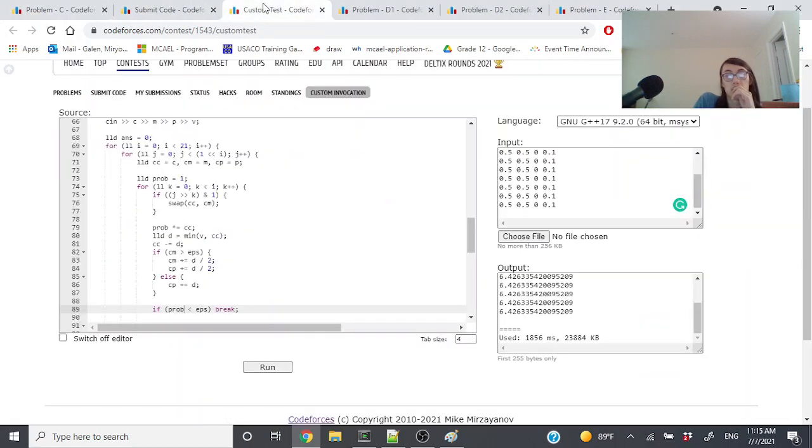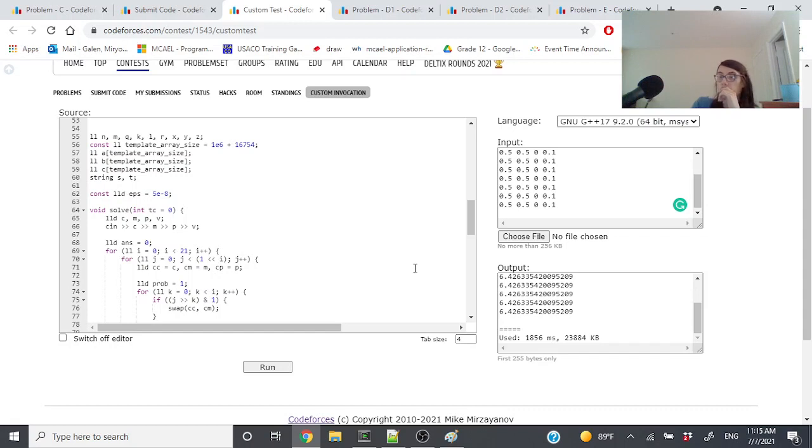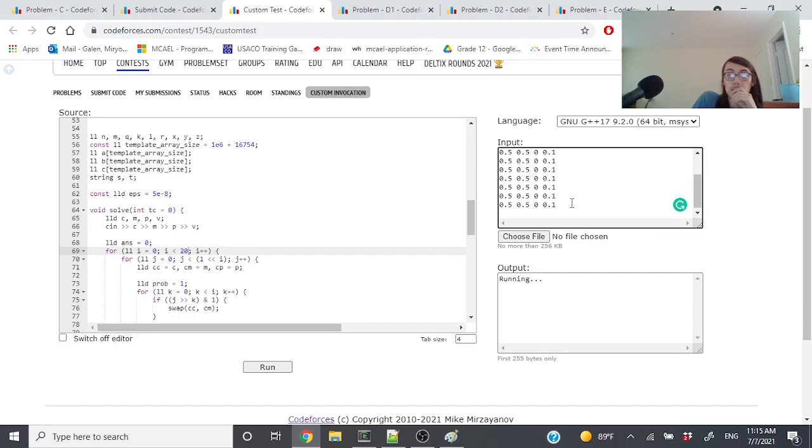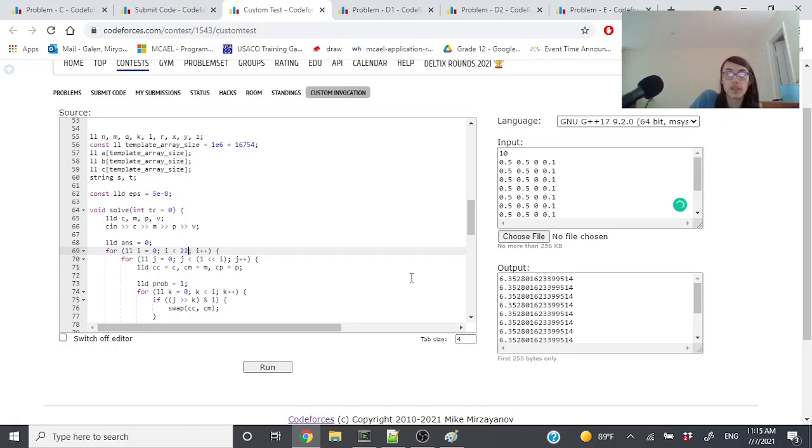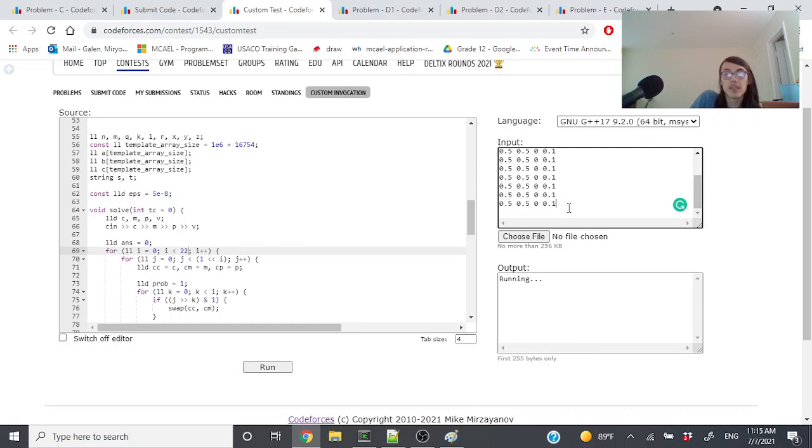Yeah. The problem I'm seeing is specifically this case. If we iterate only up to 20, it changes the answer. Answer was this, and now it's this. If we iterate up to 22, it should not change the answer anymore, right?